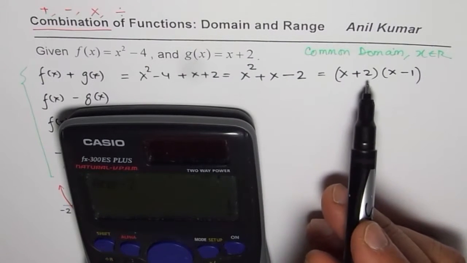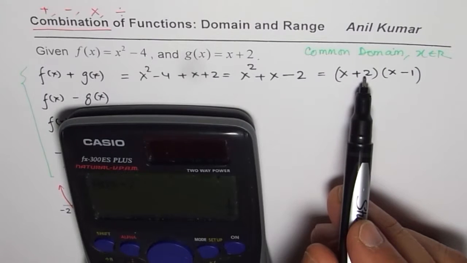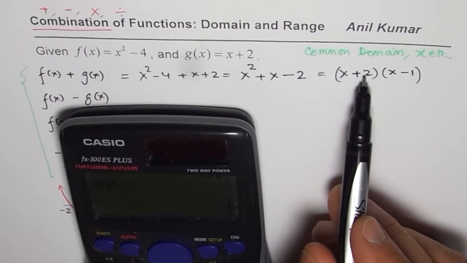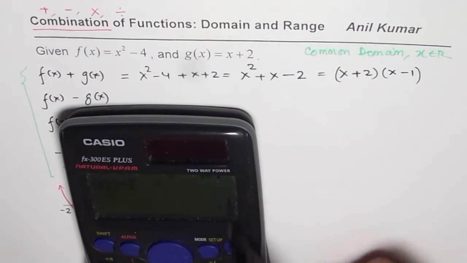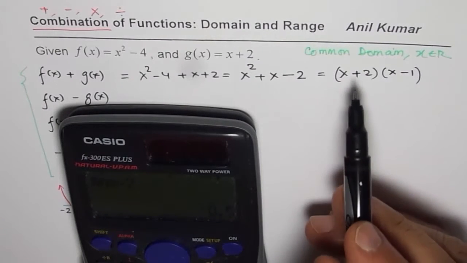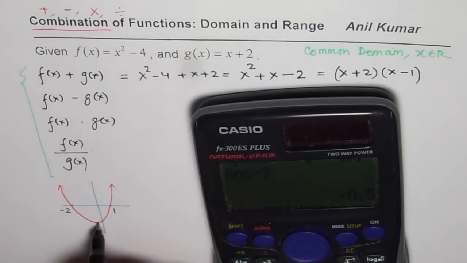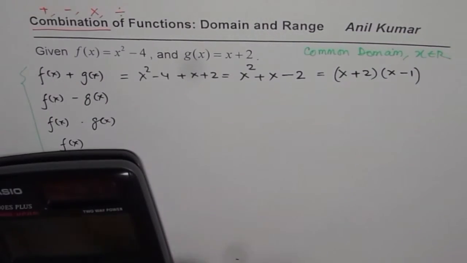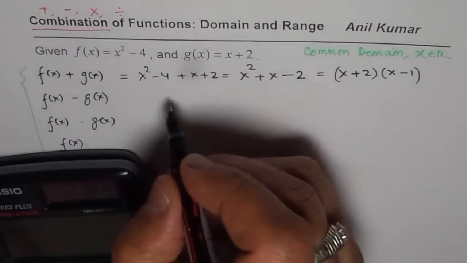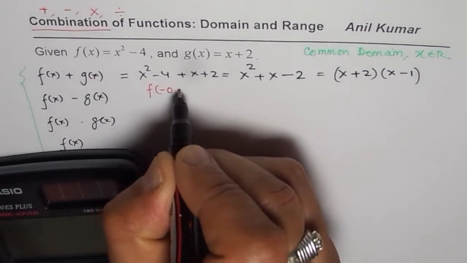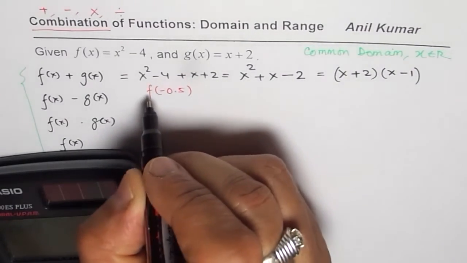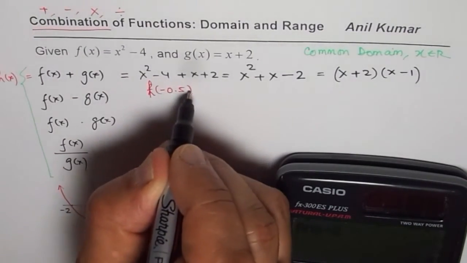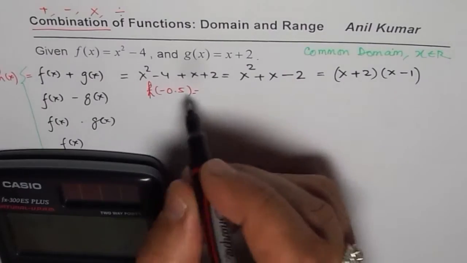Let's find out the value at the vertex. We have minus half plus 2 and minus half minus 1. When I do minus half plus 2, I get 1.5. Let me change it to decimals, so minus 0.5. Let us say this function is h of x, so let me write h of minus 0.5.